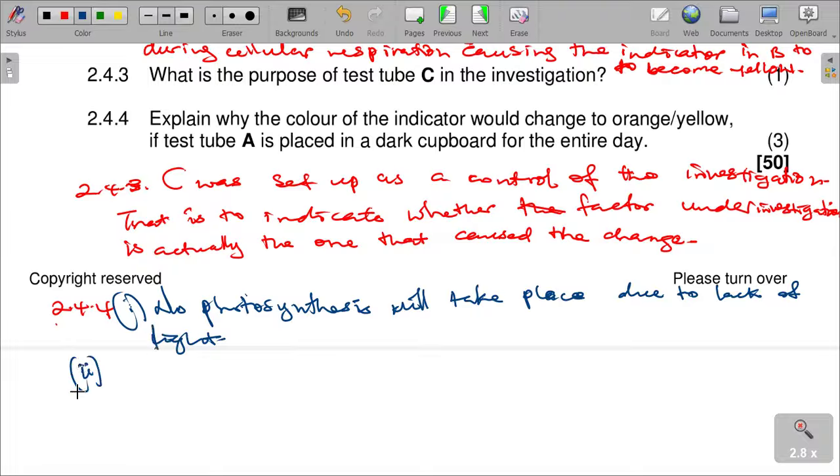Two, you need to understand that the green leaves continue to respire at a rate slower than what? Than animals. We see there are green leaves there.